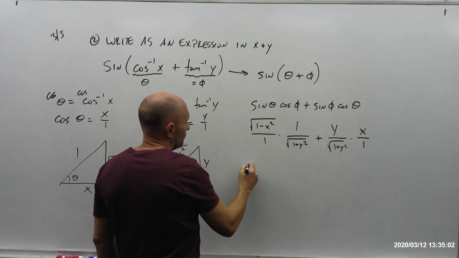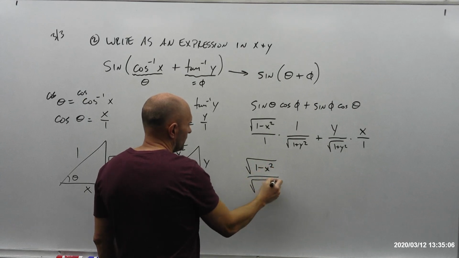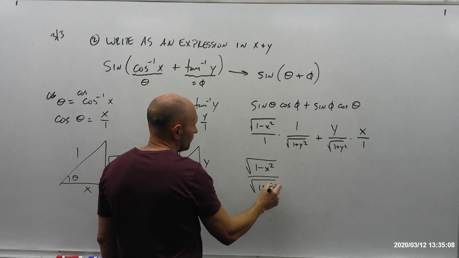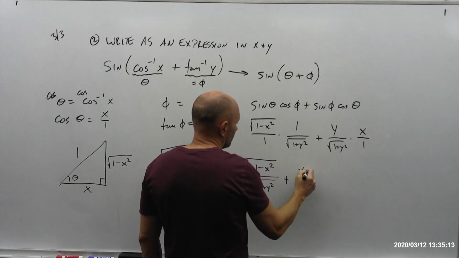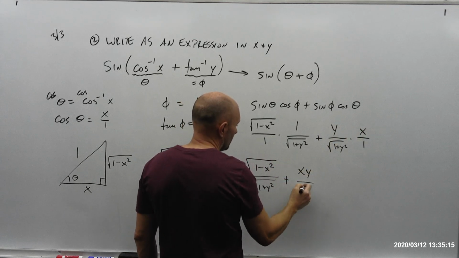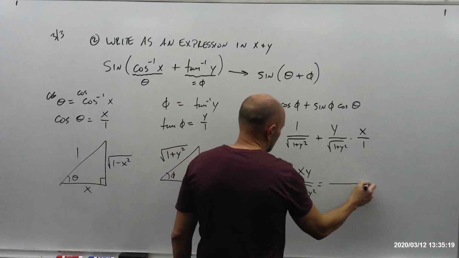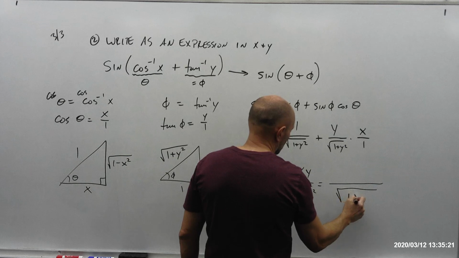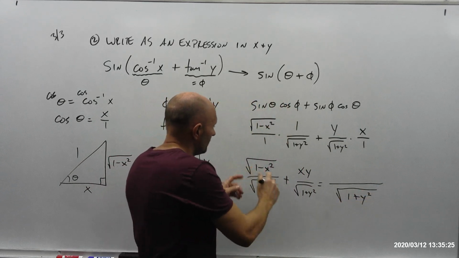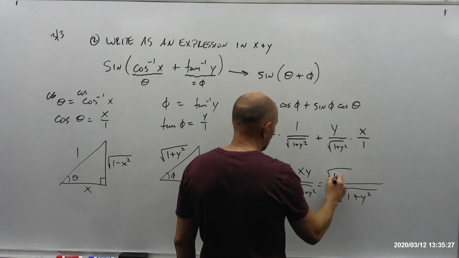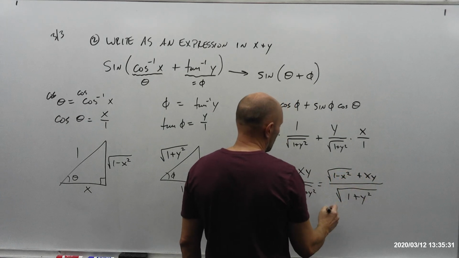So this one becomes square root of 1 minus x squared over square root of 1 plus y squared, plus multiply numerators, x times y over the denominator. Because they have the same denominator, I can combine them. So I get square root of 1 plus y squared in the denominator, and the top is just square root of 1 minus x squared plus x times y.